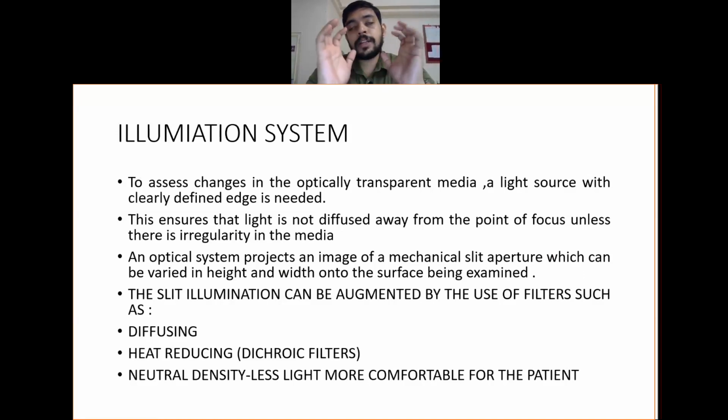For example, if we are projecting a circular or spread light, whether there is diffusion or not, we won't be able to notice it.